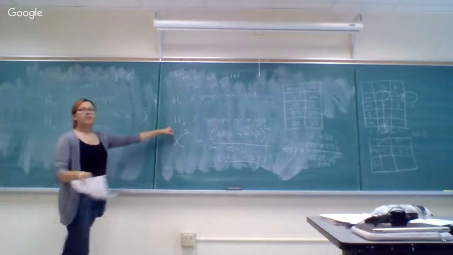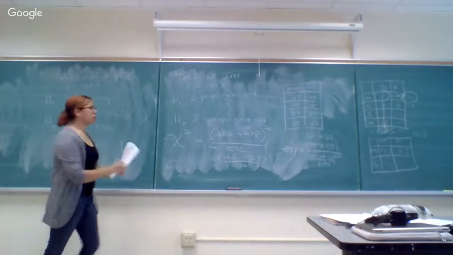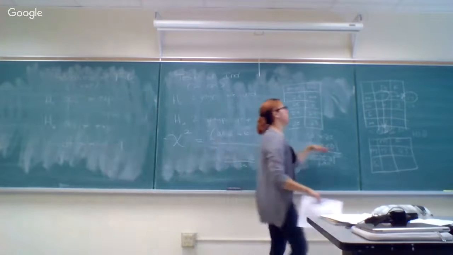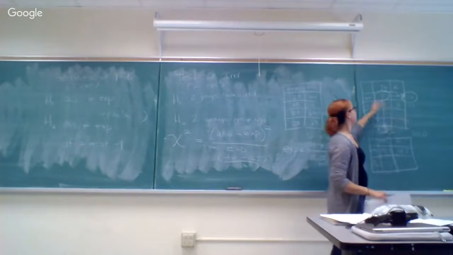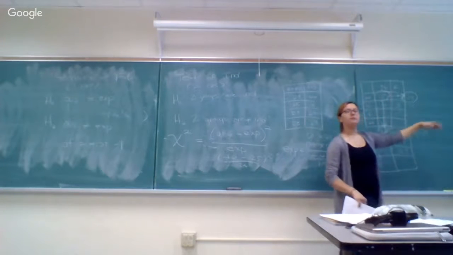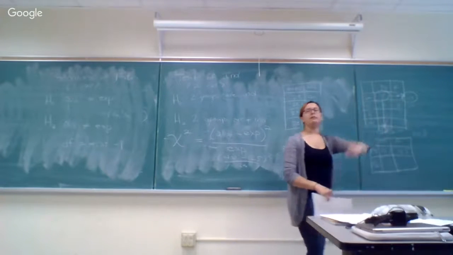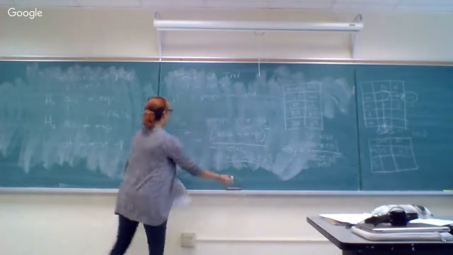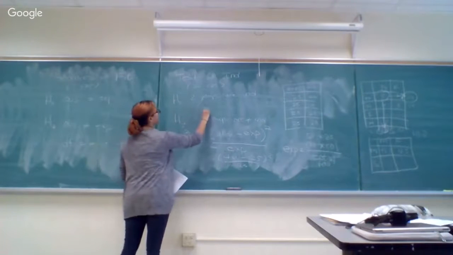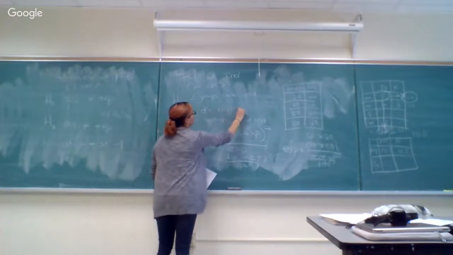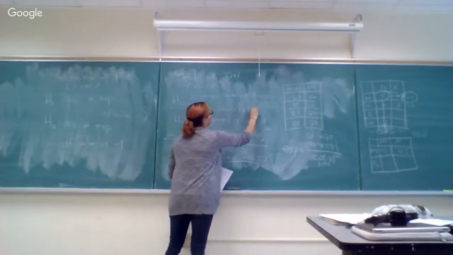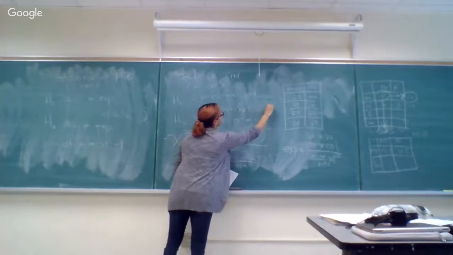For the test of independence, you find how many rows you have minus 1, then how many columns you have minus 1, and then multiply them together. So if I were to write that out, degrees of freedom equals rows minus 1 times columns minus 1.